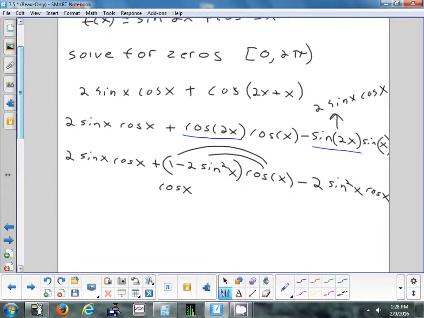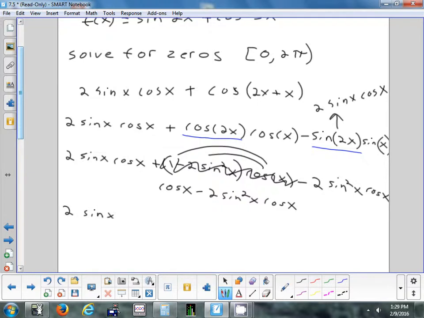Minus 2 sine squared cosine. So this is gone, and now replace it with that. Now I'll write everything neatly.